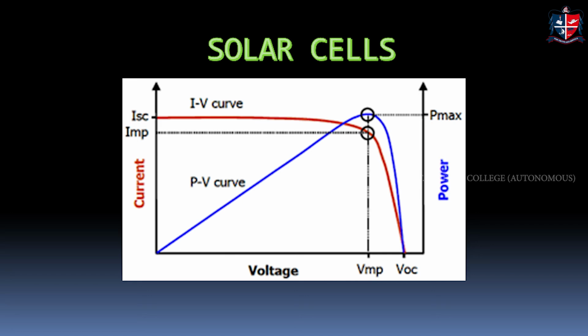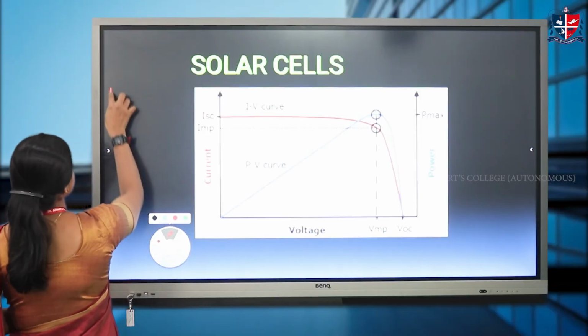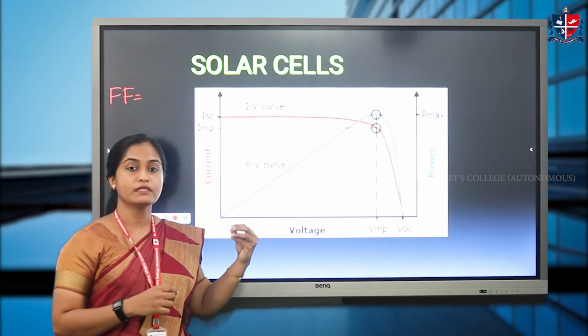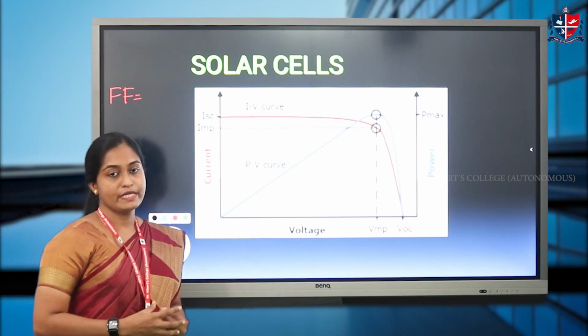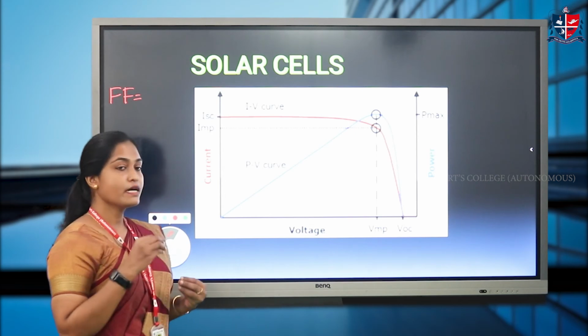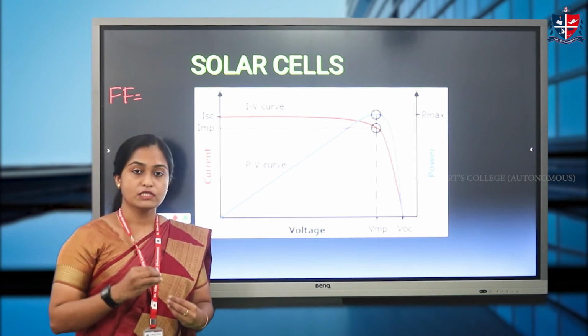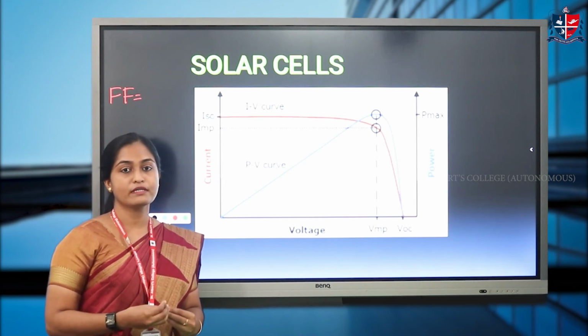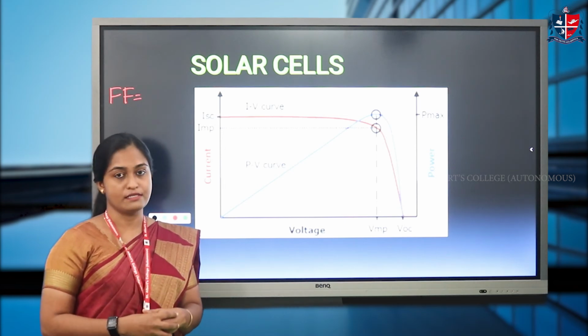The fill factor is a measure of the shape of the IV characteristics. Or we can characterize a solar cell based on the open circuit voltage, short circuit current, fill factor, efficiency, etc.